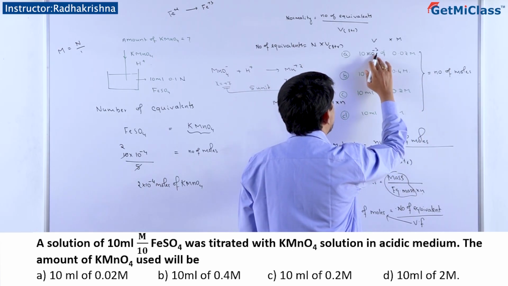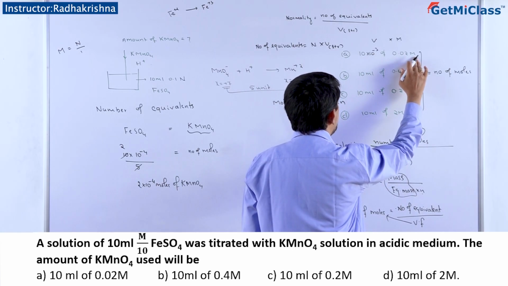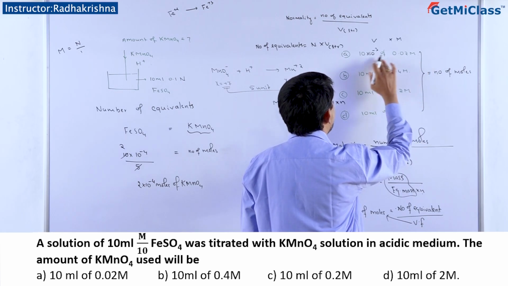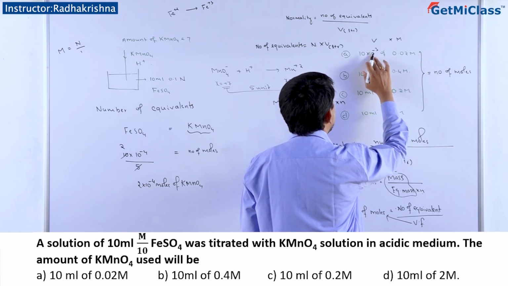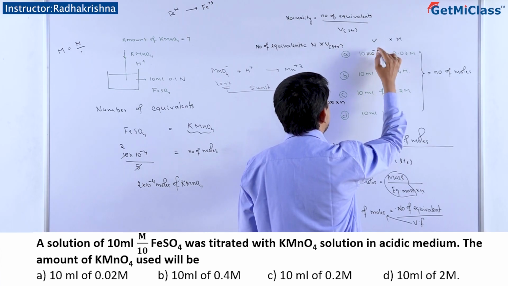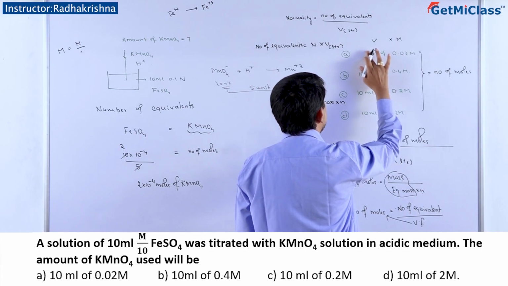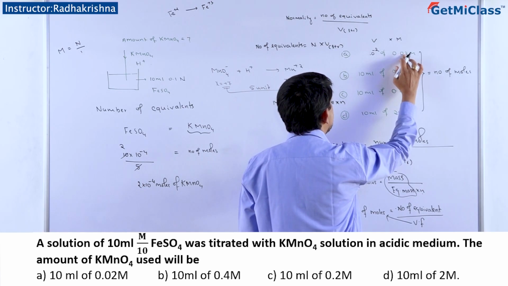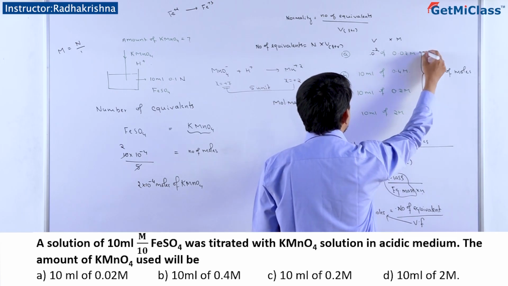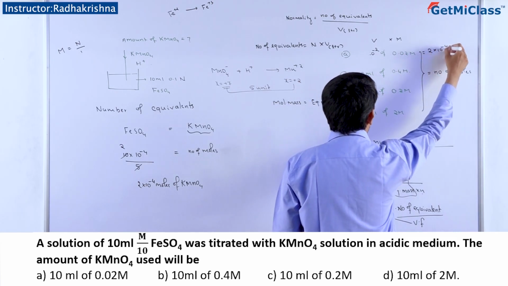Here 10 into 10 power minus 3 into 0.02, we have minus 3 plus minus 2, minus 4. Of course it is 2 into 10 power minus 4 moles.